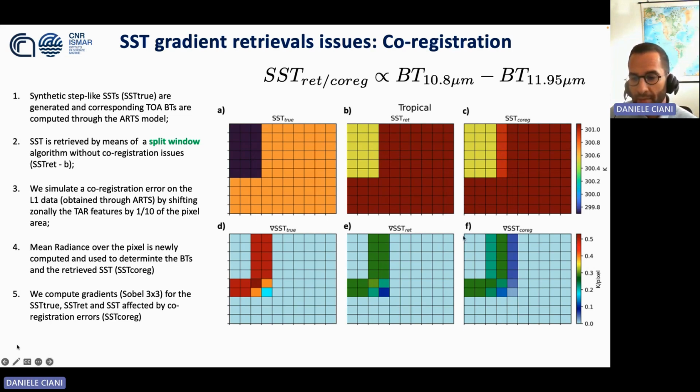You can see that in panel F, the intensity of the SST gradient is somehow smoother and generates the appearance of spurious features which are not found when we don't have coregistration issues. So in this sense, using information from a single channel can help to get rid of this type of effects.